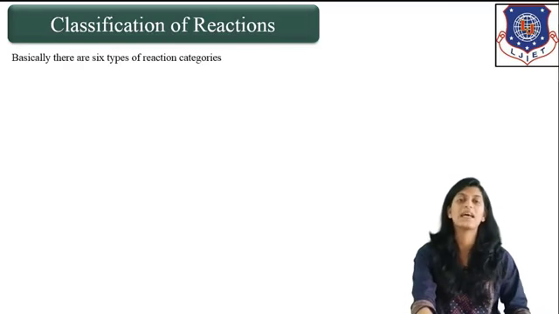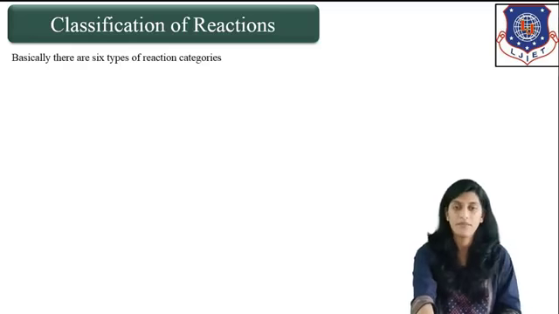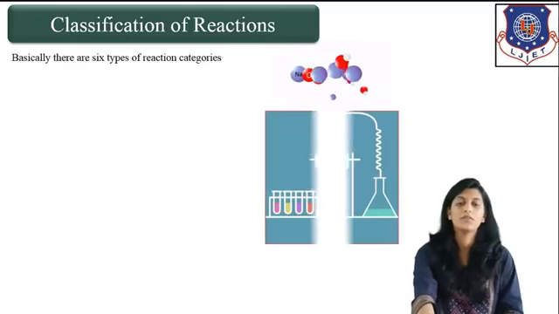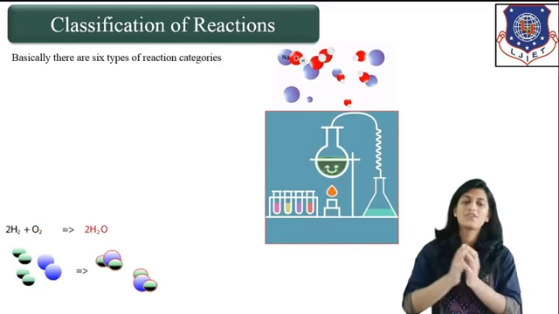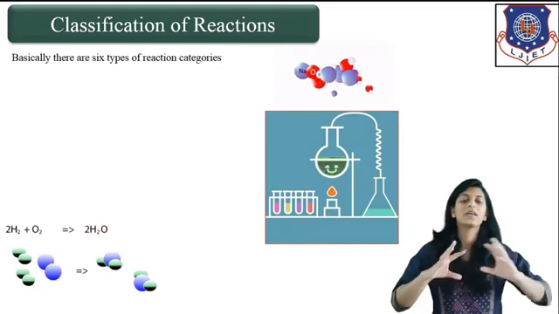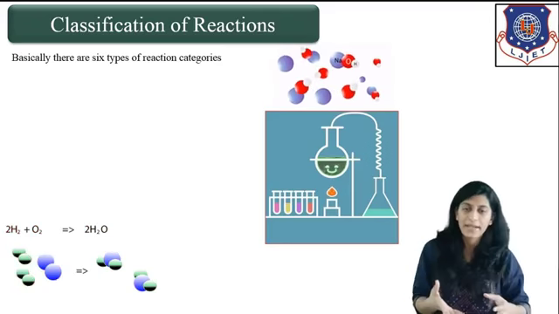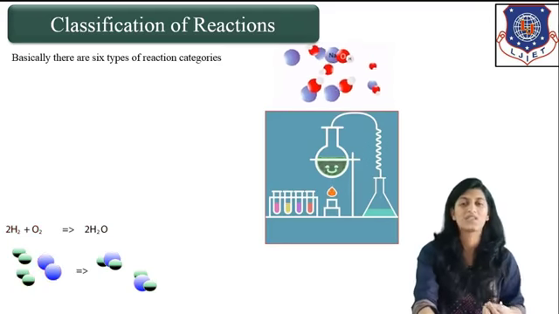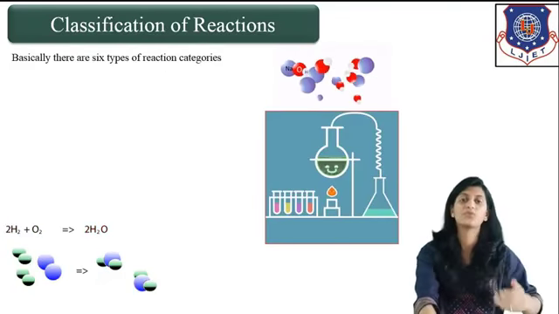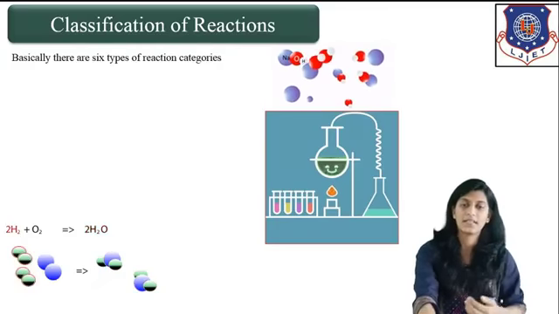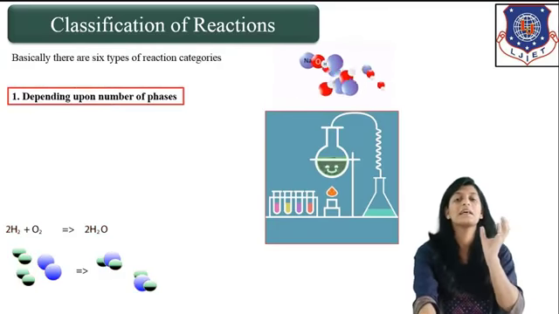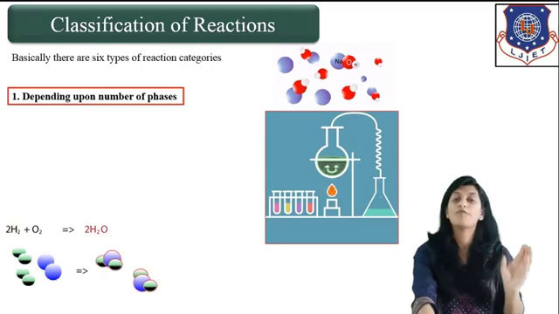So basically there are 6 types of classification categories which we have defined. As you can see in these 3 pictures, we have some kinds of reactions here, and these reactions are subdivided into 6 important categories. First one is depending on the number of phases.